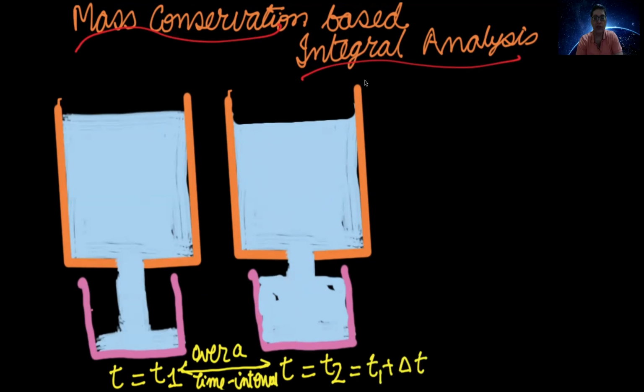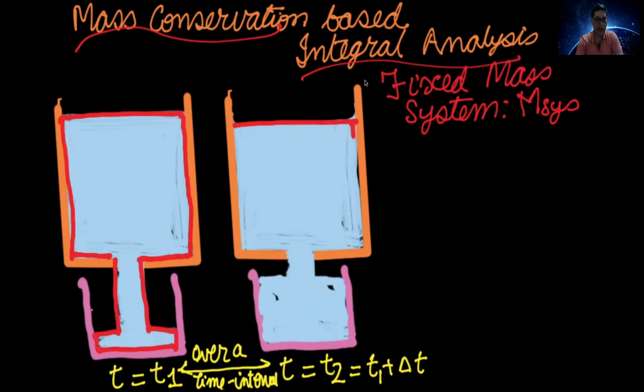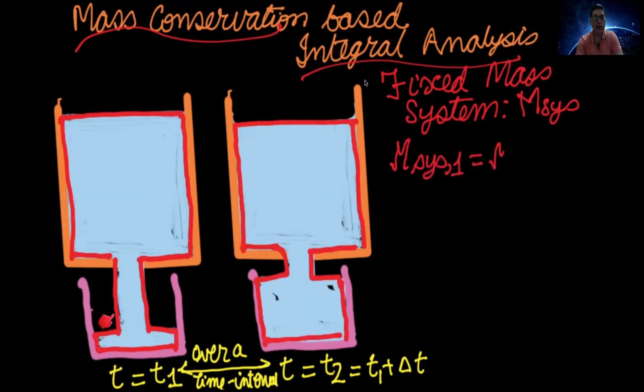So these two pictures which I am showing you show the level of water in the tank and in the bucket in which the water from the tank is collected over a time interval of delta T. Now if you consider a fixed mass system, which is shown here by red lines, this is the fixed mass which we are considering at time t, and this is the fixed mass which has moved. So we are here using a fixed mass system.